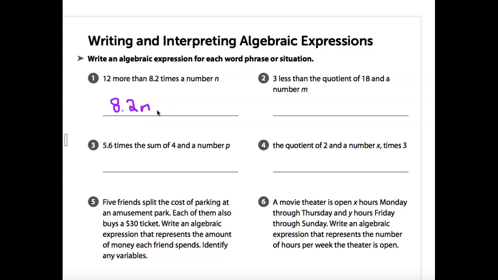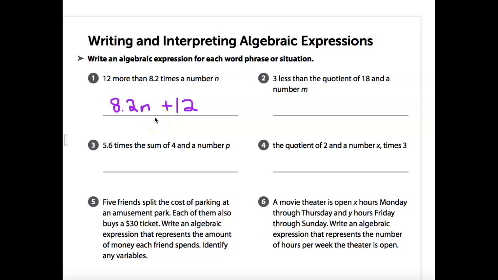We don't have to have a times sign or anything like that. The variable goes right next to the number, and that means to multiply. And then it says 12 more. Well, that's addition. So 12 more than 8.2 times a number. So this is how you would write that.